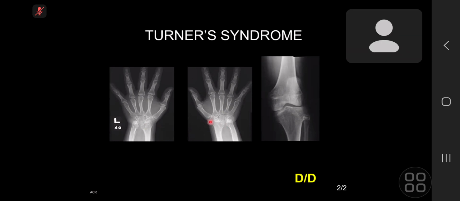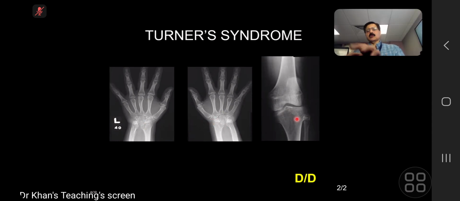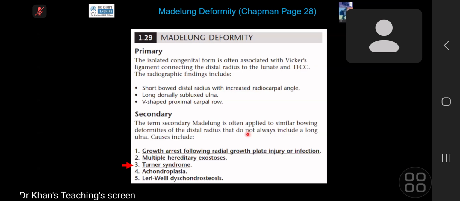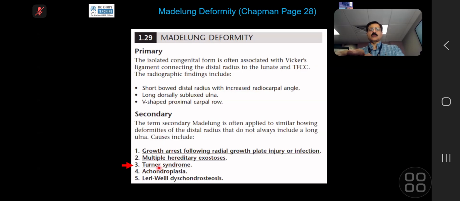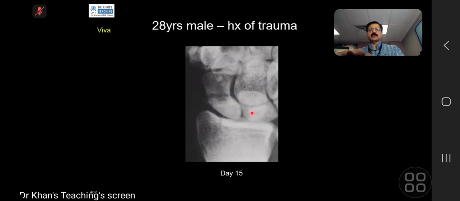It's a bilateral finding in this case. In Turner's, Blount's disease can also happen. Otherwise, there is no importance of Blount's disease, but I just wanted to show you because of Turner's. This we have already covered previously. And this is the differential diagnosis for Madelung, and Turner syndrome is one of them. Spot diagnosis, what is happening here?